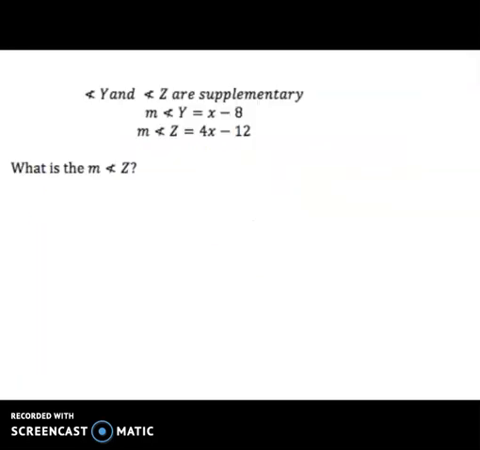The last example I want to show you is solving for the variable and then subbing it back in one last time. So we have angles Y and Z are supplementary. So because they're supplementary, we know their sum must equal 180 degrees.